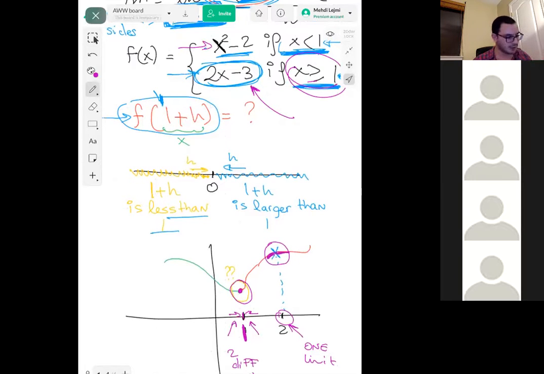It depends on whether h is negative or positive. But if you take a different value, like here at 2 or here at -5, you see from the left and from the right, it's the same graph, the same equation. It's the green graph, it's the same thing.